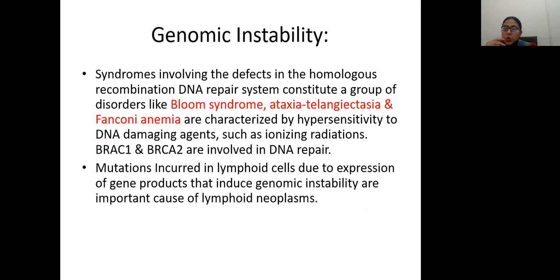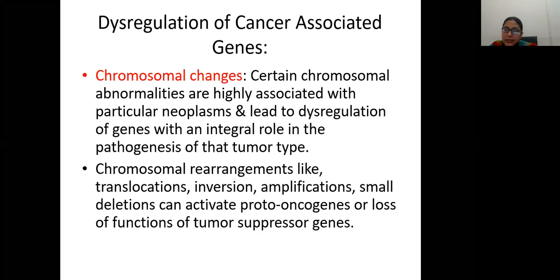It is characterized by hypersensitivity to DNA damaging agents like ionizing radiation. BRCA1 and BRCA2 are involved in DNA repair. Mutation increases in lymphoid cells due to expression of a gene product that induces genomic instability, an important cause of lymphoid neoplasm.